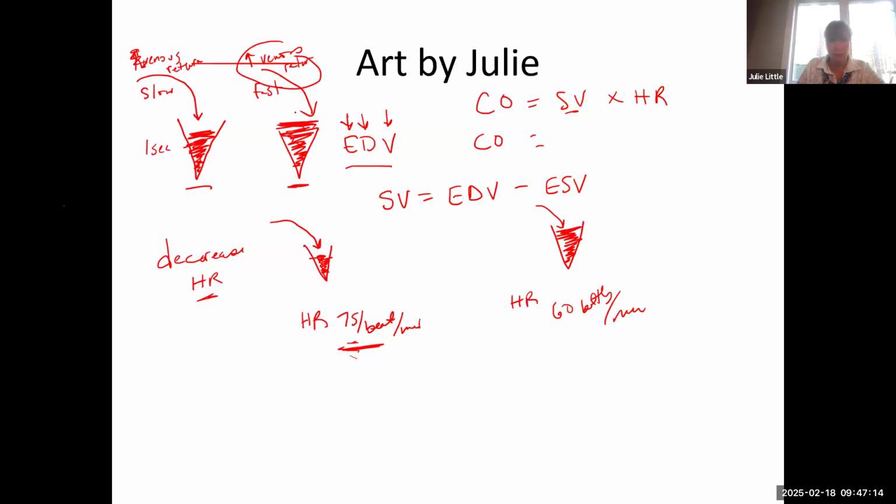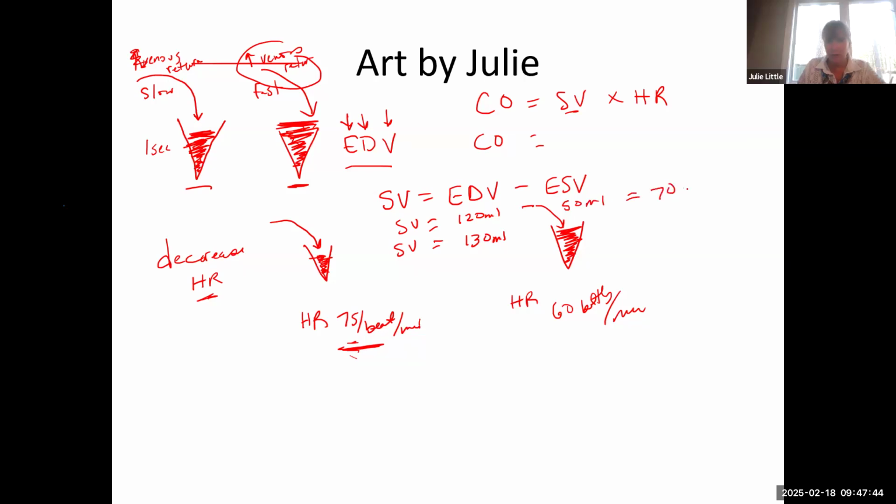If we pour blood faster into the ventricle, instead of the number being 120 milliliters, let's assume we can get 130 milliliters in here. Can't erase this. That's unfortunate the way I've started drawing this. The stroke volume, we're going to keep our end systolic volume the same, which is going to be 50 milliliters.